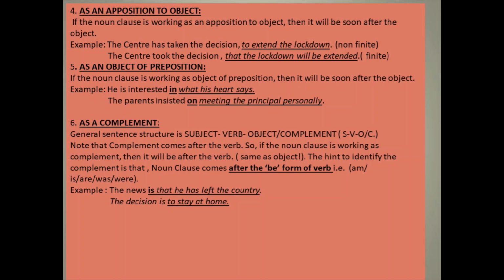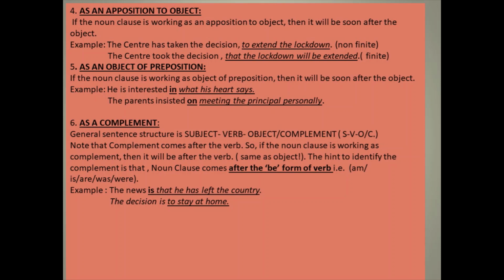The center has taken is the verb and the decision is the object. Now, after the object, whatever falls is the apposition to the object in the noun clause. So here the noun clause is working as an apposition to the object, not to the subject.